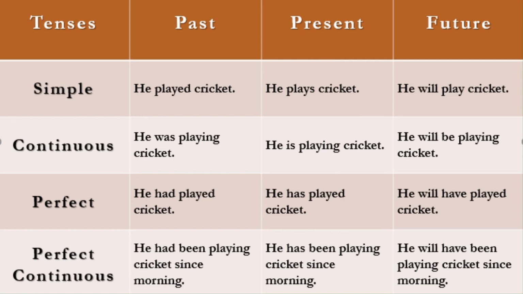I hope you know the difference between and among. You would have to practice it a lot, and for that I would suggest you writing different sentences and converting it into all the 12 different categories or 12 different expressions. Writing it in 12 different structures would be a wonderful practice.